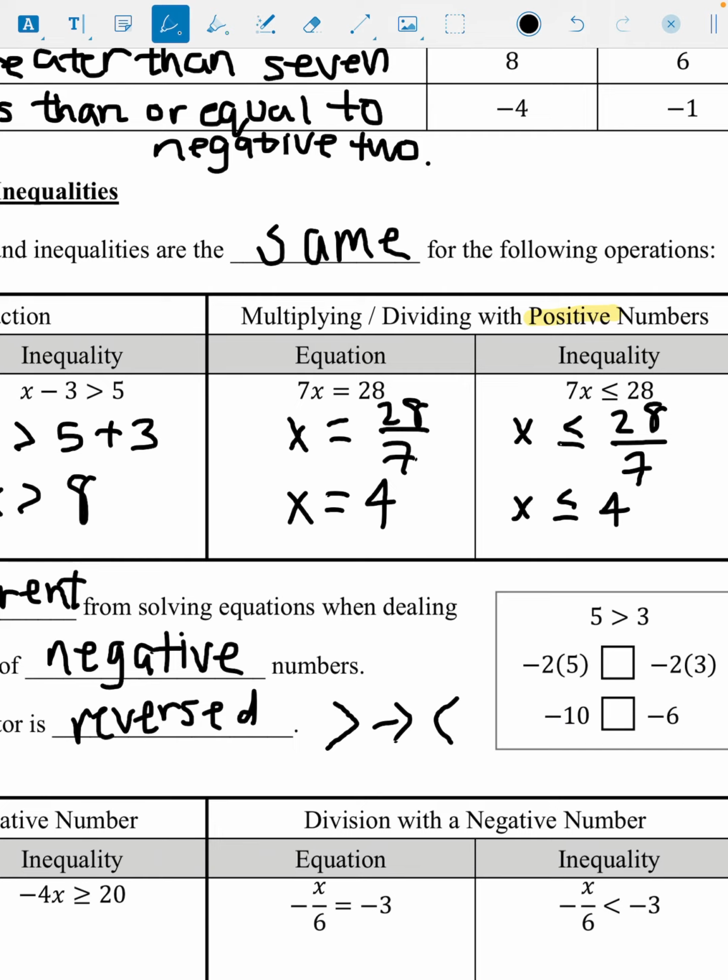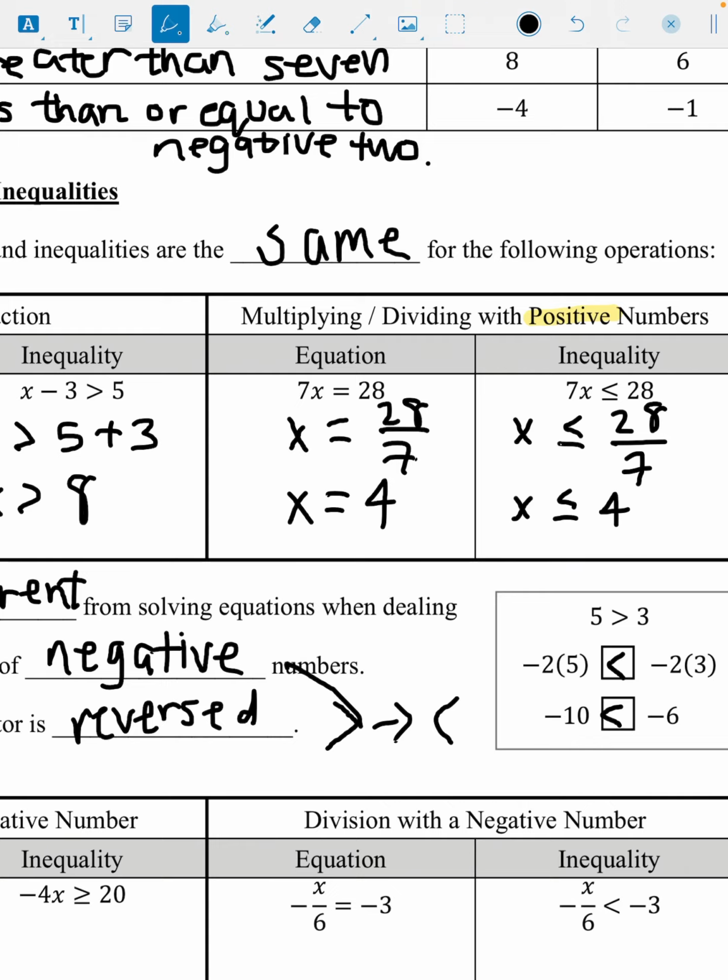So we know that when we multiply with a negative number, the inequality operator should be reversed. So instead of greater than, it should become a less than sign. And when we look at the end again, -10 is less than -6, so the inequality is true. If we hadn't reversed it, then the inequality would be false. So it's important to remember that when you multiply or divide by a negative number, you must switch the inequality operator in order to keep it true.